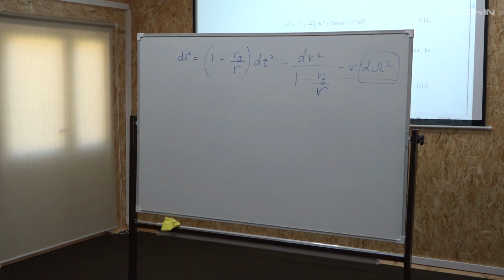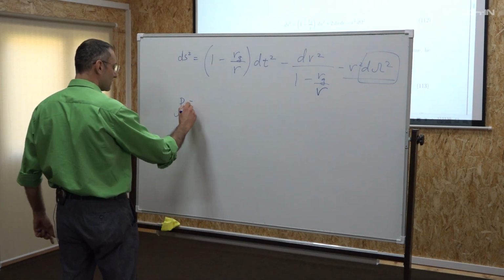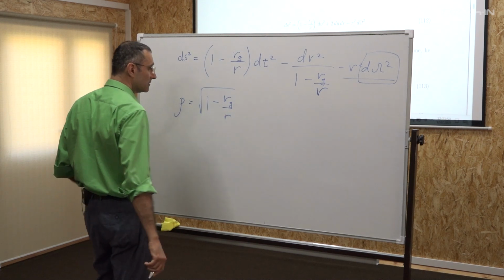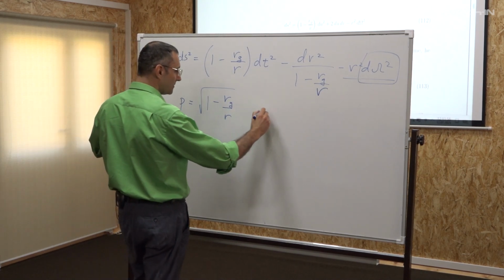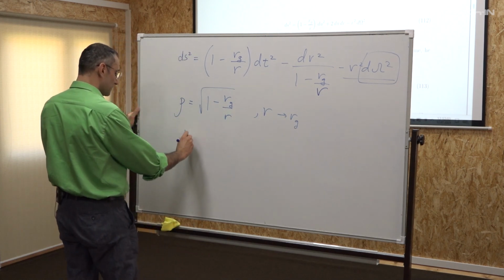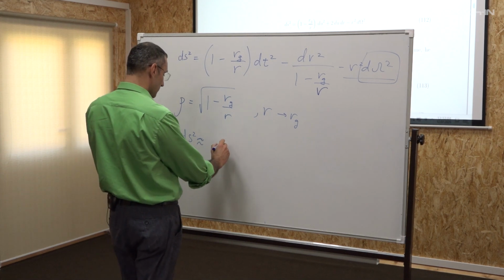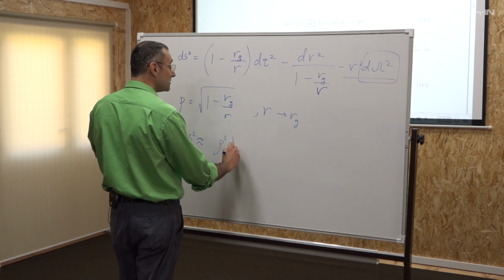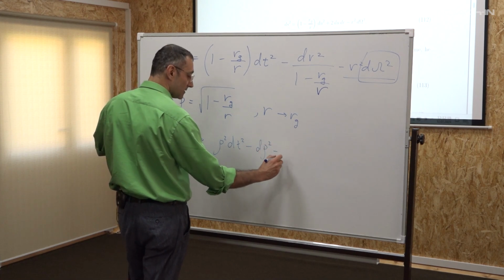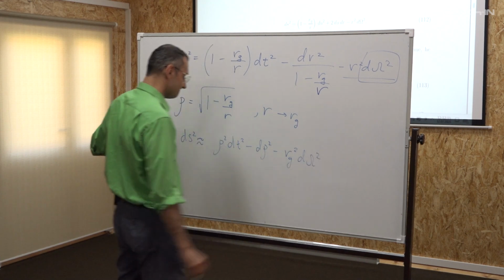If I make the following change, rho is equal to the square root of 1 minus r_g over r, and consider the limit r going to r_g, this metric becomes approximately equal to the following. It's rho squared dt squared minus d rho squared minus r_g squared d omega squared.